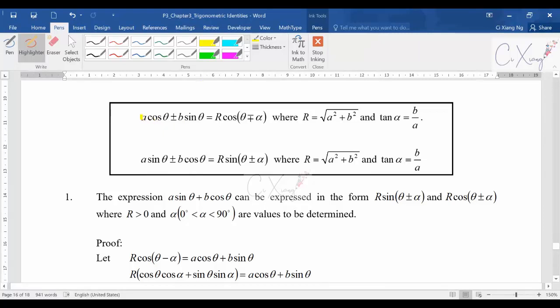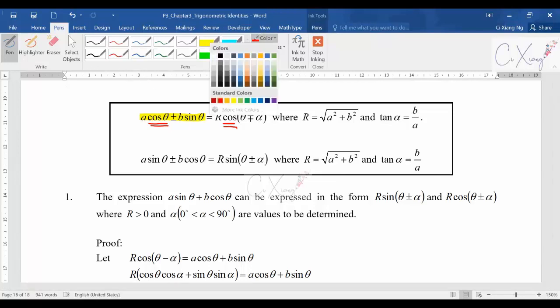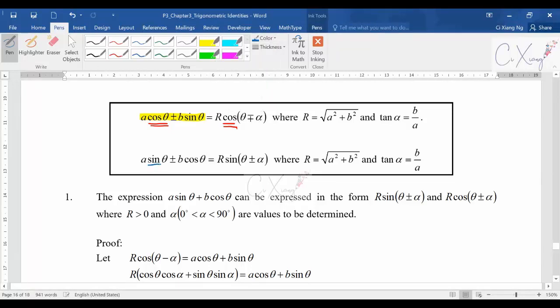When you are having A cos theta plus B sin theta, and then if you want to change it to a compound angle formula, the easier method is you look at the cos here. If let's say the first term starts with cos, then you change it to cos. Alright, and then if your first term starts with sin, then you change it into sin.